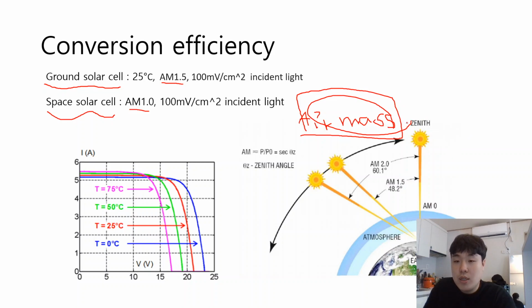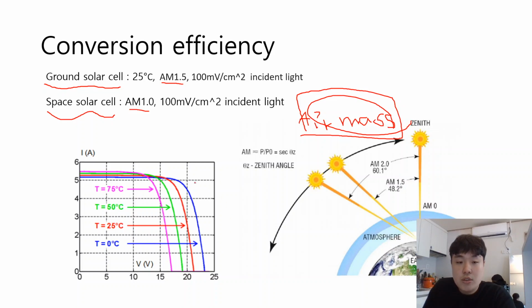So when we consider these many factors, we can define the air mass, and the air mass can be used to calculate the conversion efficiency.